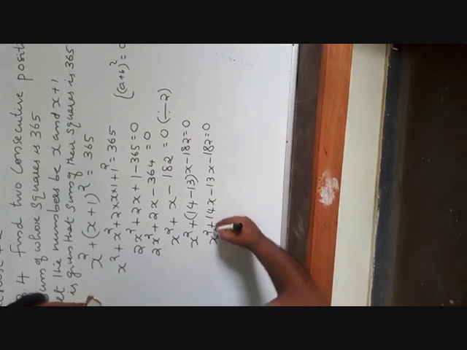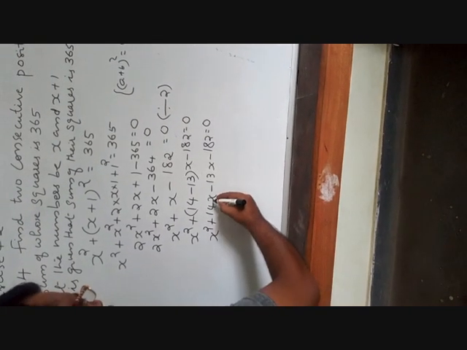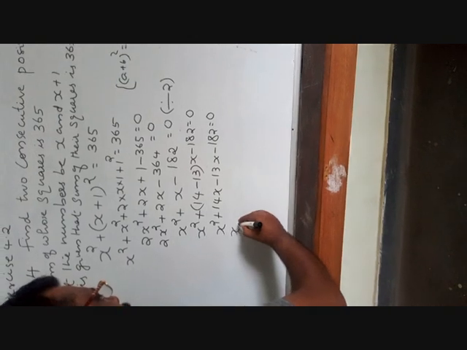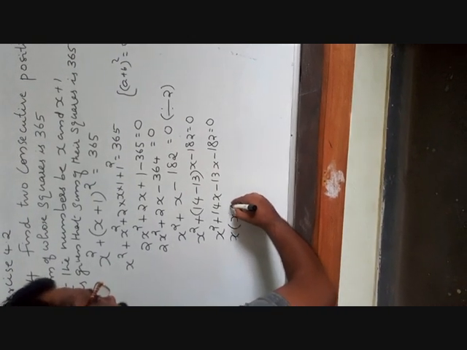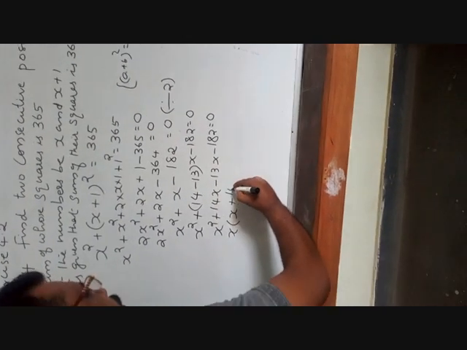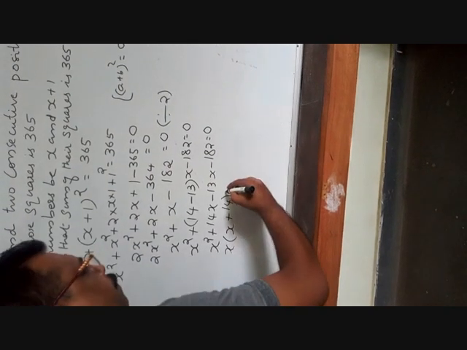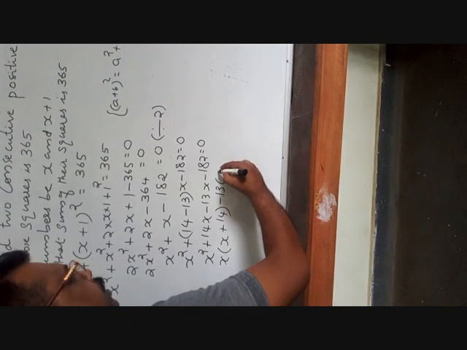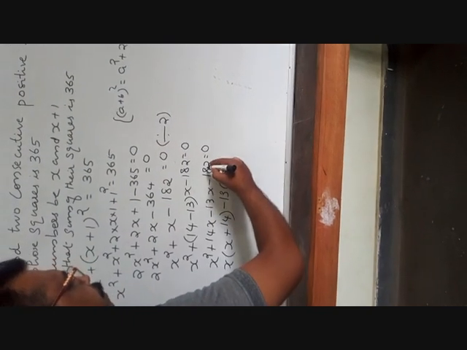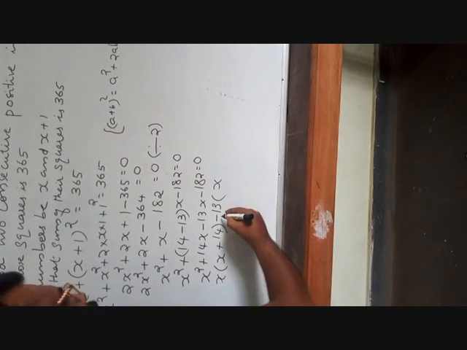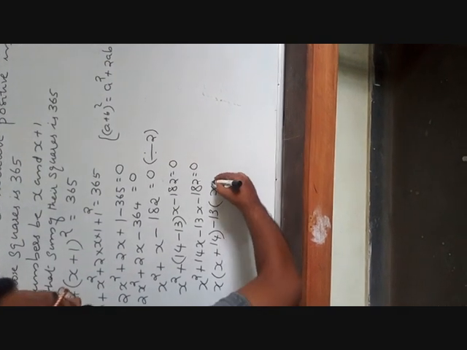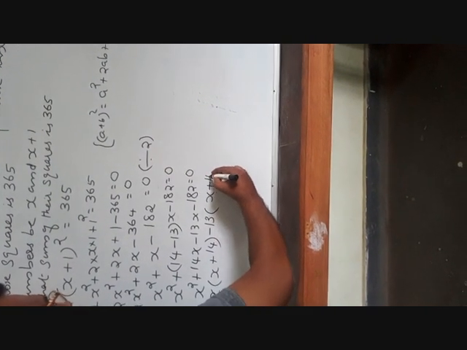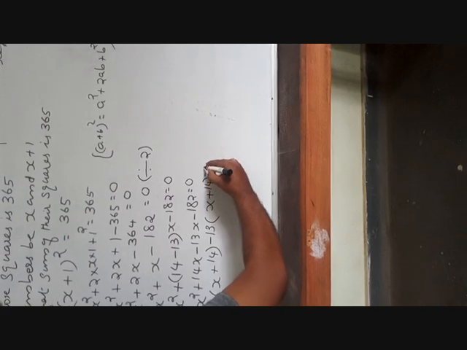Then from the first part, x square plus 14x, we can take x out of the bracket, x is remaining plus here 14 is remaining. Minus 13 we can take out. Here x is remaining, again divide, minus 182 divided by minus 13, it will become plus 14 is equal to 0.